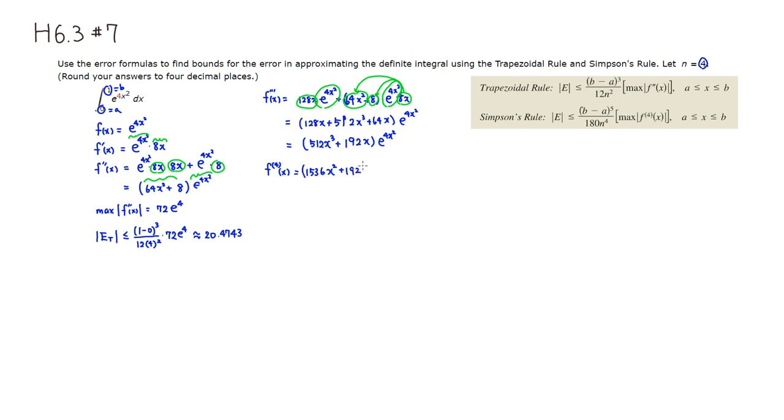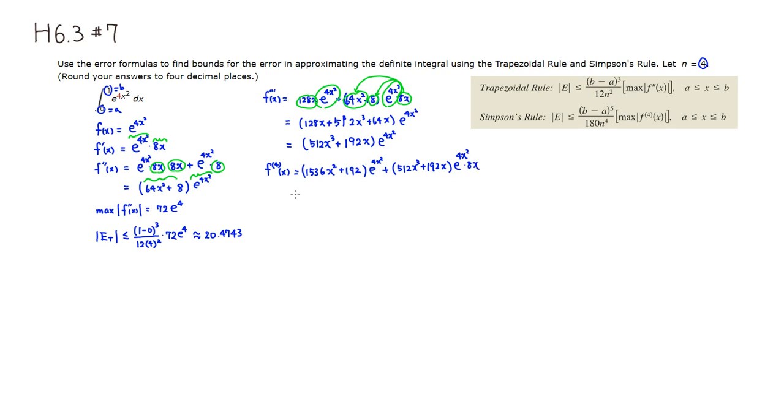Right, and times the second guy. So I'm still doing the product rule. 4x squared plus, right, first guy is 512x cubed plus 192x, and then you have e to the 4x squared times 8x.